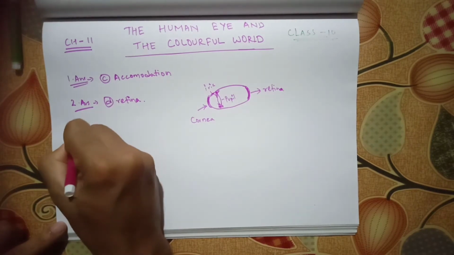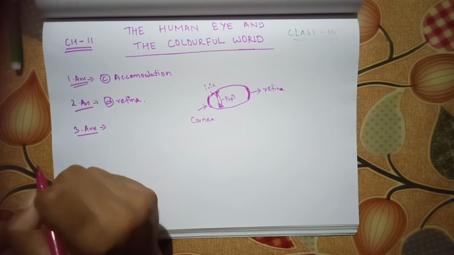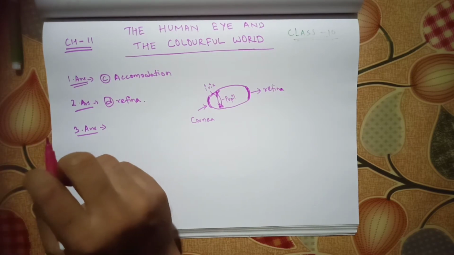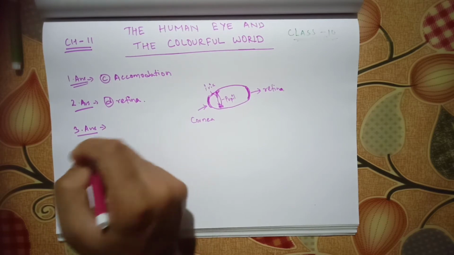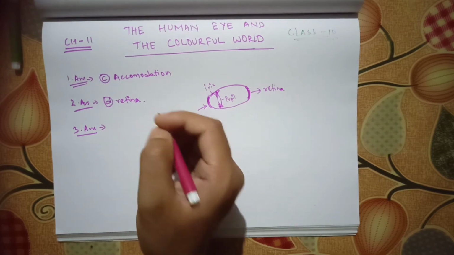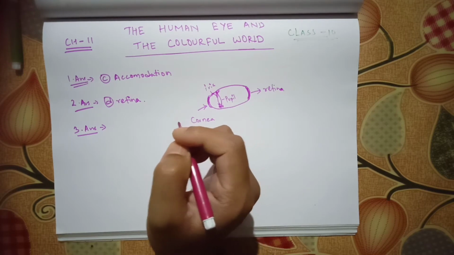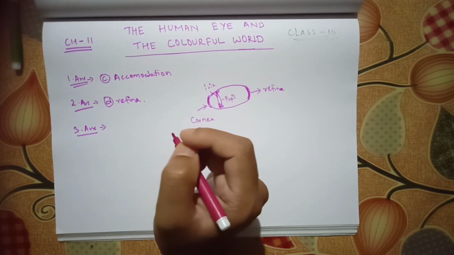The third question asks that the least distance of distinct vision for a young adult with normal vision is about A 25 meter, B 2.5 centimeter, C 25 centimeter, and D 2.5 meter. In the earlier videos I have explained the nearest vision and the farthest vision of a human eye.